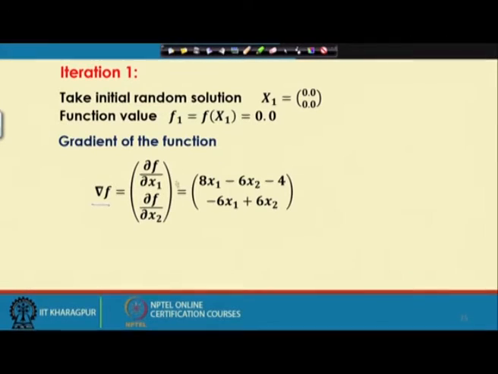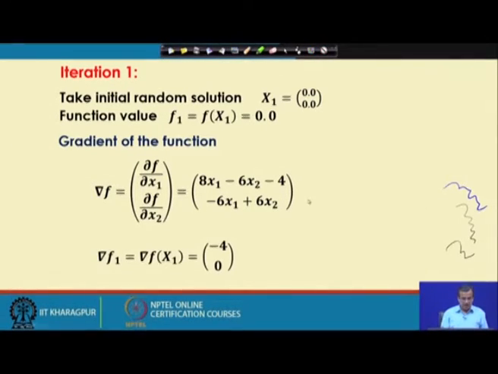So, del f del x 1 becomes 8 x 1 minus 6 x 2 minus 4, and the partial derivative of f with respect to x 2 is minus 6 x 1 plus 6 x 2. So, this is the gradient of this objective function.